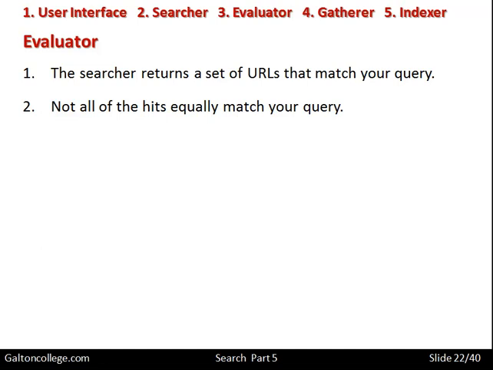Not all the hits will match the query. It's inevitable that some that will be brought back will not be very specific. Some may be brought back because the keywords have not been entered correctly by the webmaster. So sometimes hits come back that do not match the query, and we wonder, how did this happen?